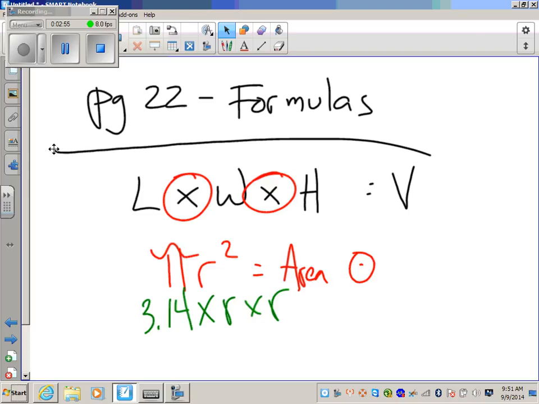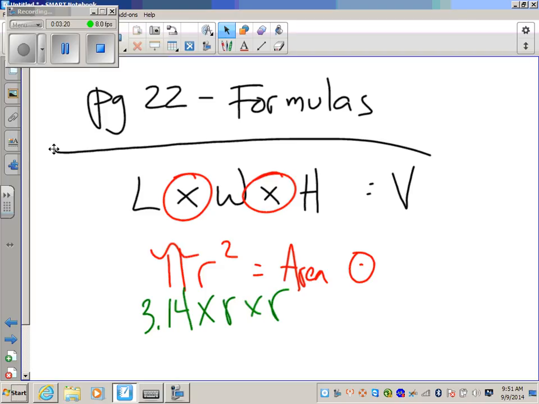You can change, you can adjust, you just can't change the meaning of it, okay? If we decide to go 3.14 times r times 2, it's not the same thing as r squared, all right? So it's kind of like a blueprint that we use, and if you use it correctly and you do all the operations within the formula correctly, you're going to be just fine.